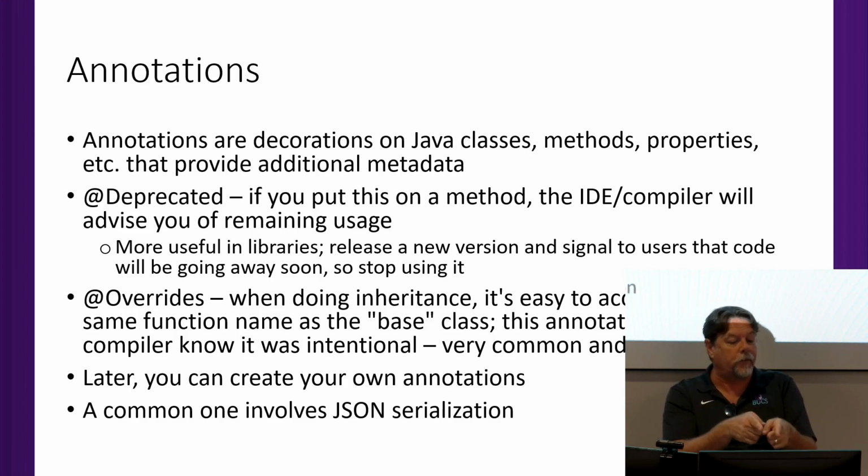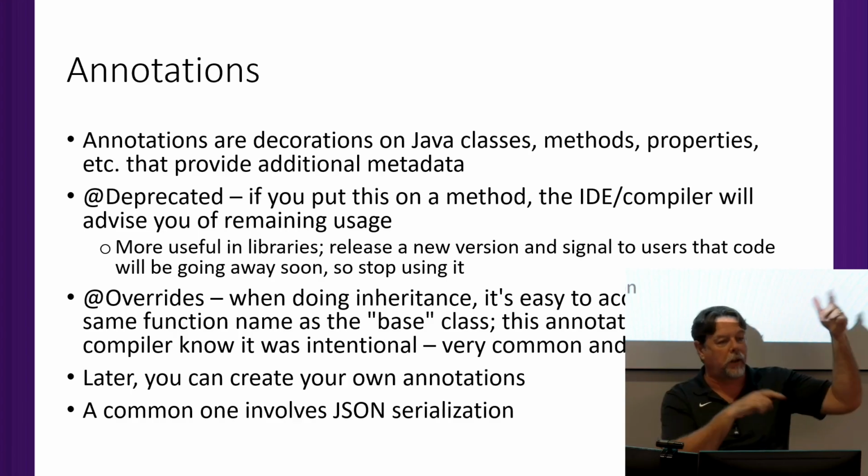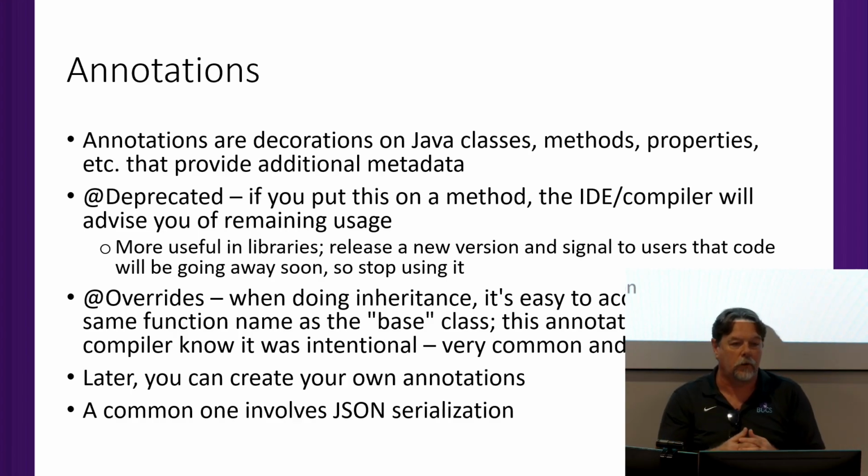And so that's a way for you to signal to people that I know I wrote all these methods in this class, but this one is going away. So stop using it. Whenever you get a chance at your earliest convenience, stop calling this one. Call the replacement or the alternative or do whatever you're supposed to do regardless.